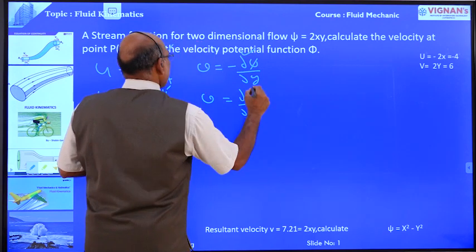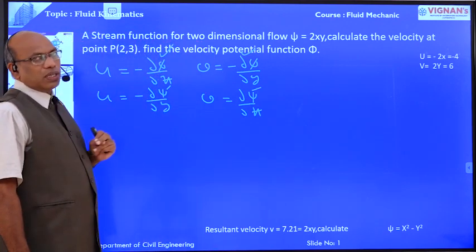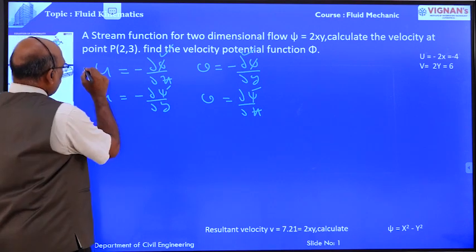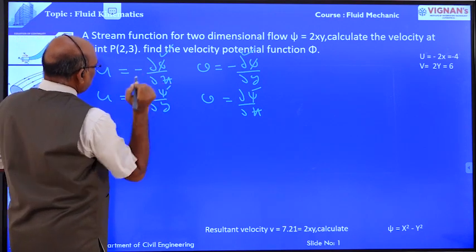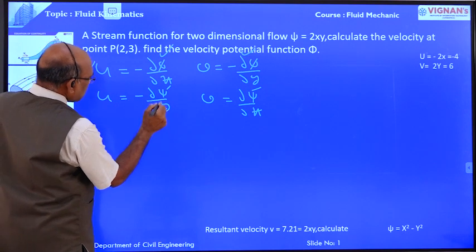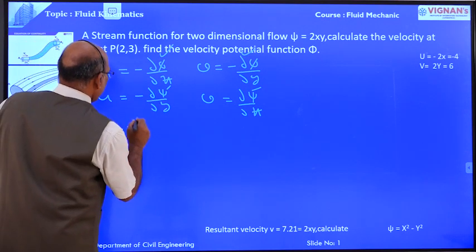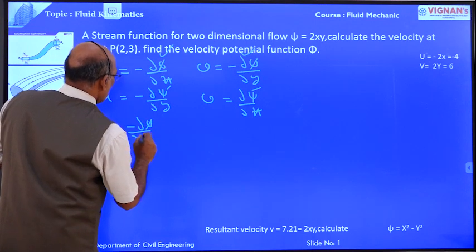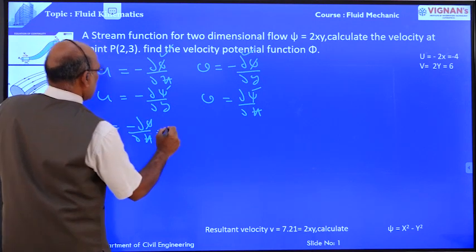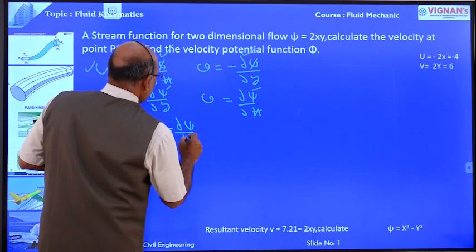So these are based on the stream function definition. Therefore u is equal to minus dou phi by dou x, that is equal to minus dou psi by dou y.